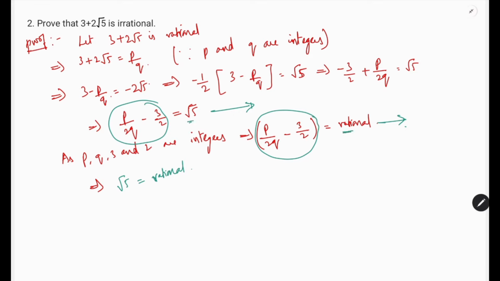But this contradicts the fact that root 5 is irrational. This is the fact: root 5 is irrational.